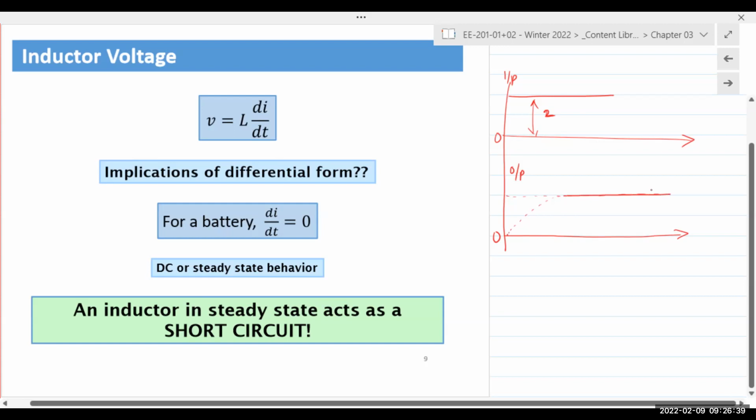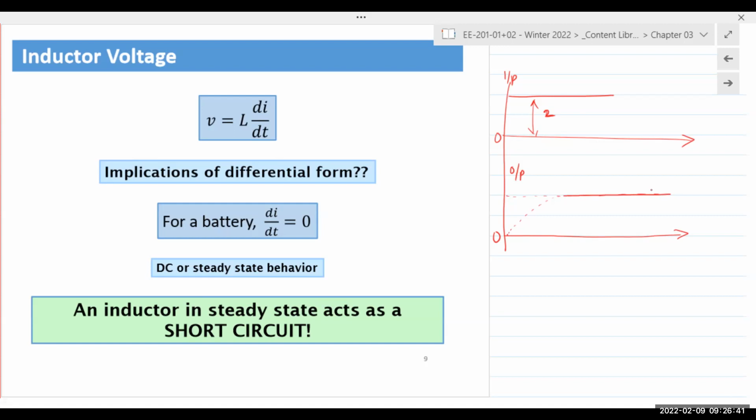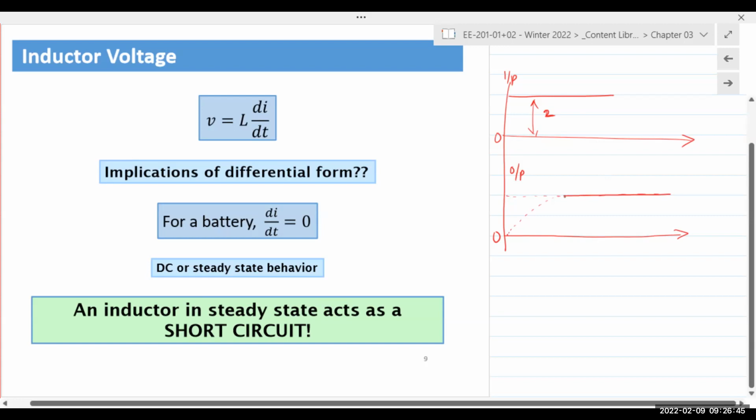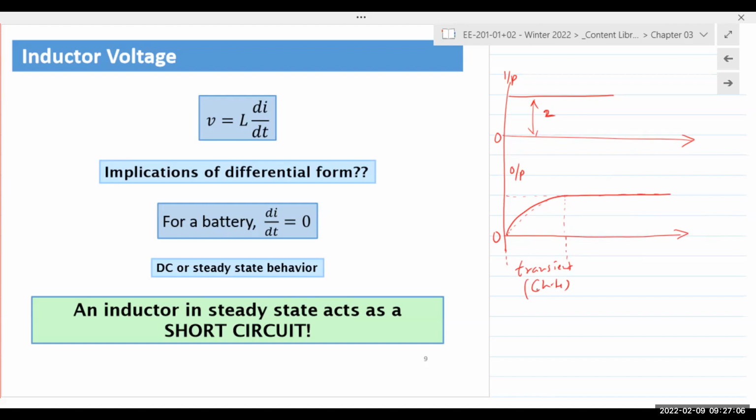Does that make sense? So when we are talking about the inductor voltage, inductor current, you're talking about this portion right there. And this is transient analysis, which is chapter 4. The exponential rise of the charging and then of course discharging is what we'll study in chapter 4.